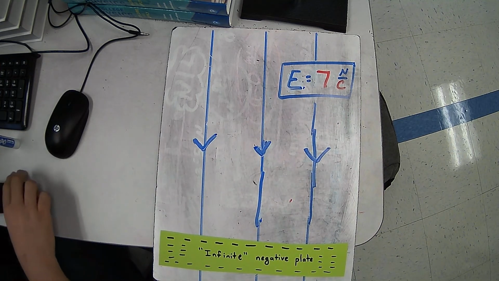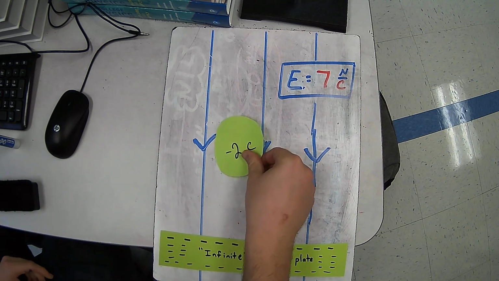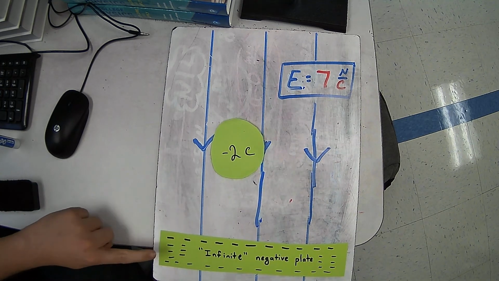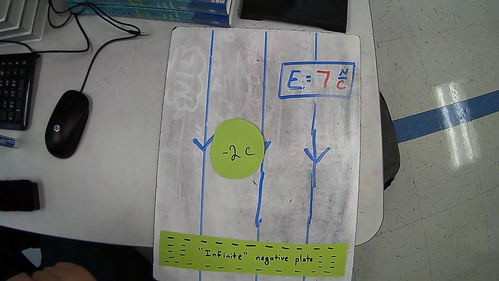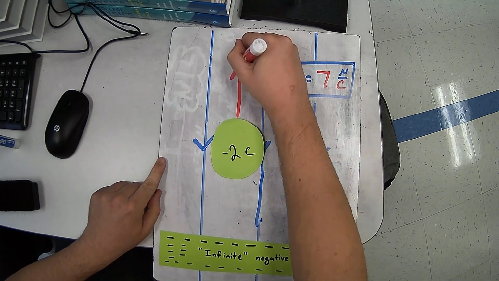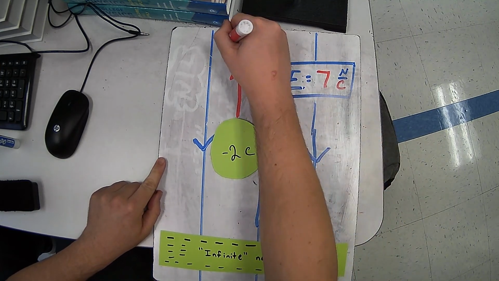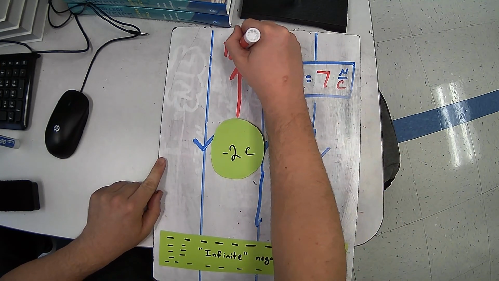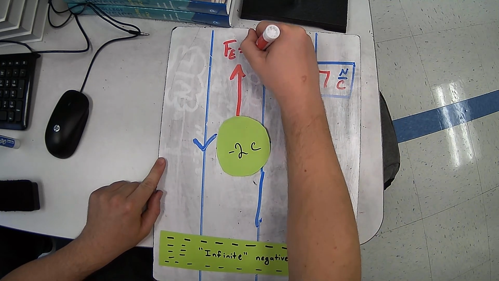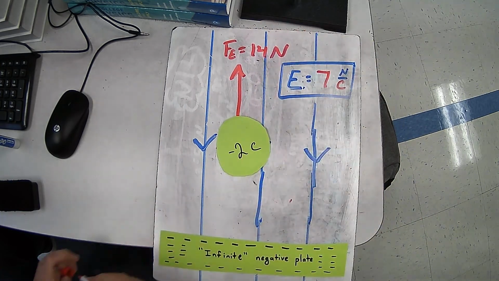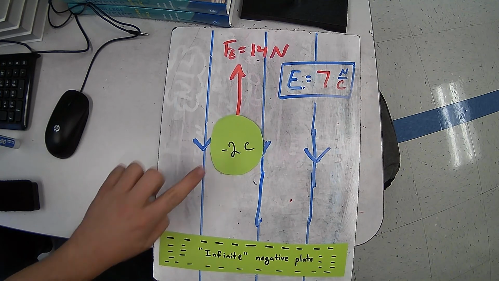But if I grab myself a negative 2 Coulomb charge here, it won't be attracted to that negative plate. It would be repelled. And so it's going to feel a force in that direction. So it's going to feel an electric force of 2 coulombs times 7 newtons per coulomb, which is 14 newtons of force in the positive direction.